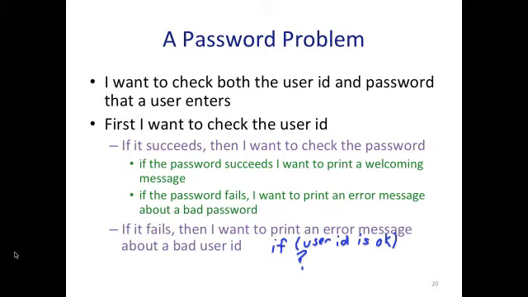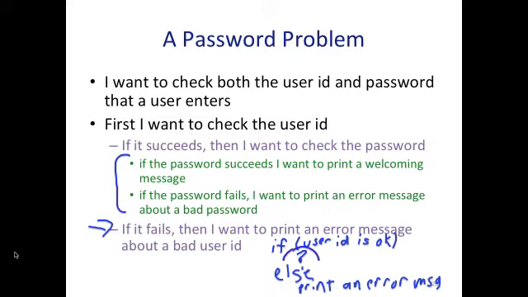So you're not really sure what to do here. If it's an else, if the user ID is not okay, you know what to do. It's this case right here. We print an error message. So kind of the question is, if user ID is okay, if it's true, how do I handle this part here? That's the question mark.